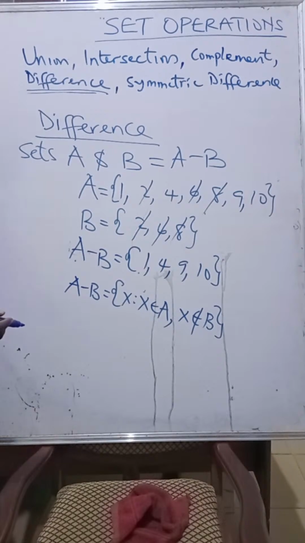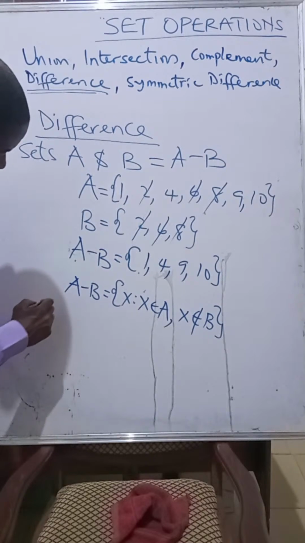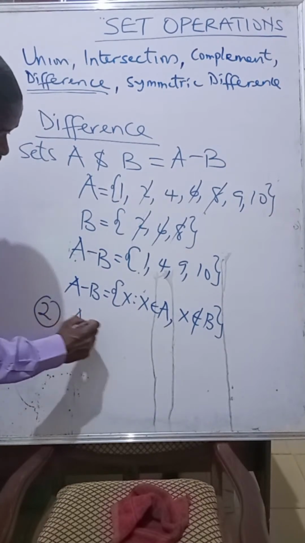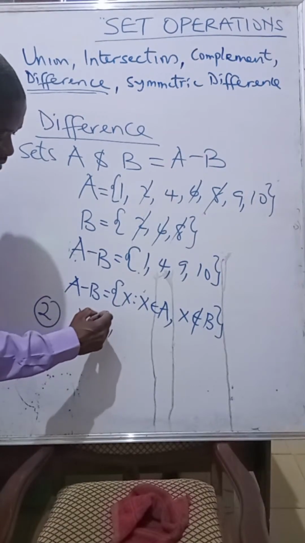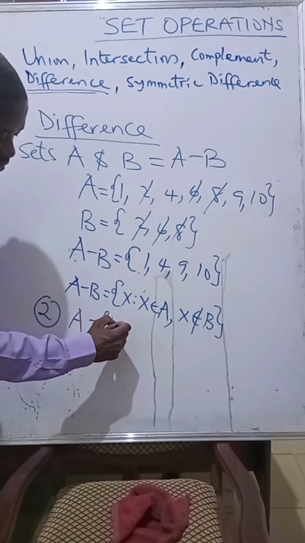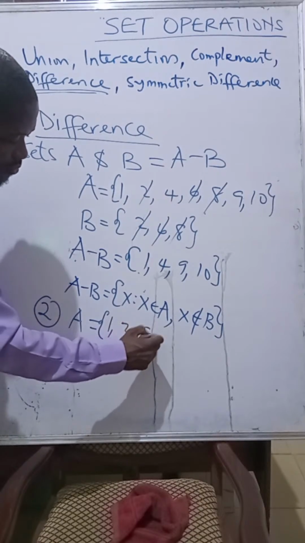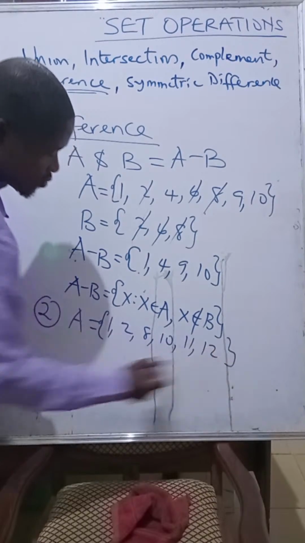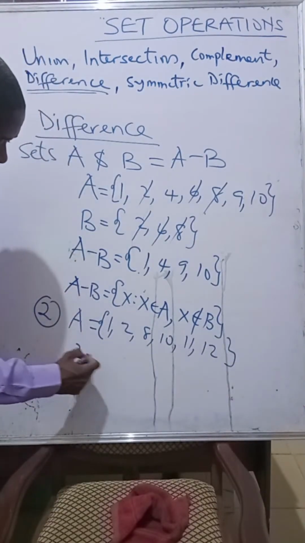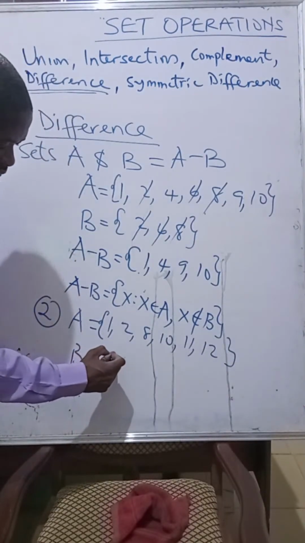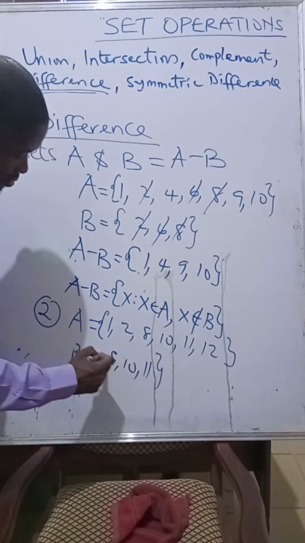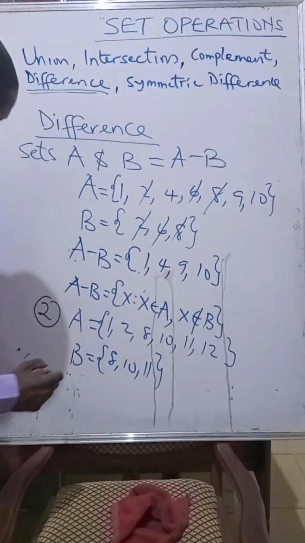Okay, let's take one more question on difference. Question 2. Assuming your set A is this, we have that. Then your set B, let's assume we have 8, 10, 11.